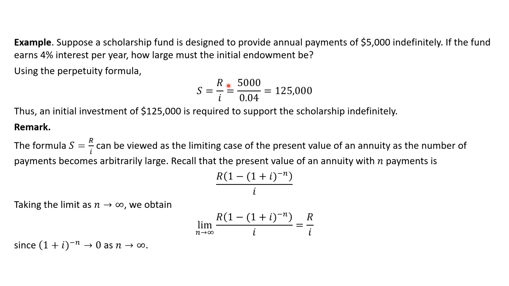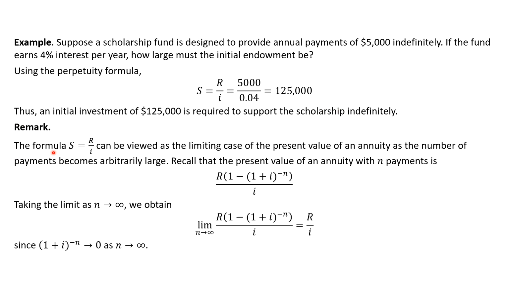So we just use our formula from the previous slide, 5,000 divided by the anticipated interest rate. So you would need $125,000 initial investment, and assuming this interest rate held, you'd be able to take $5,000 out every year forever.